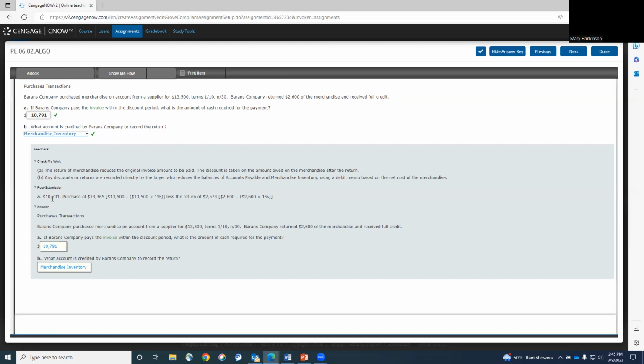If we're going to take some of that inventory that we purchased and return it, then we no longer have this inventory on hand. So we would credit our asset account, merchandise inventory, to show that the inventory that we had on hand, we returned. So we're reducing the amount of inventory we have on hand.